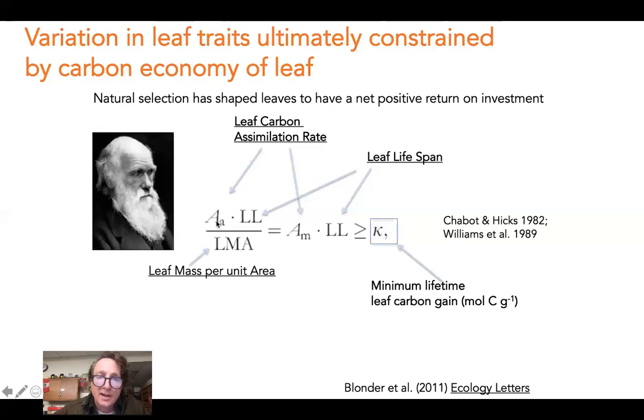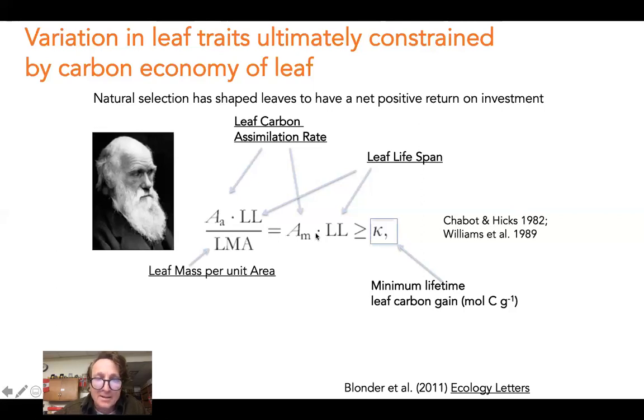So if natural selection is going to operate on a leaf in a given environment to make sure that it's greater than or equal to this minimum lifetime carbon gain, it can change the photosynthetic rate, it can change how long a leaf can live in an environment, but it can also change how much leaf mass per unit area is present.